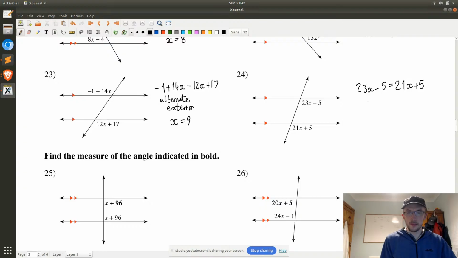Reason being they are corresponding angles. And so x is 5.